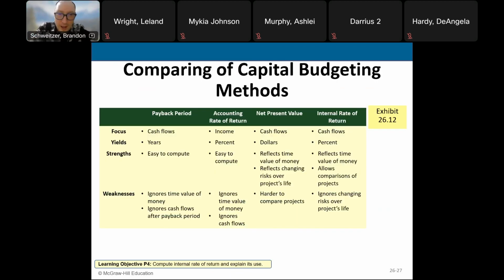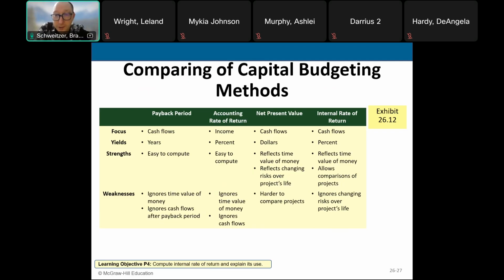So yeah, I mean, there's good and bad about all four methods. Leland, to your earlier point, I think that net present value gives the closest real value when it comes to making this type of decision, because it considers cash flows in terms of dollars, and it reflects the actual value of money.